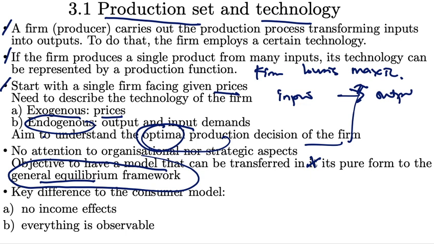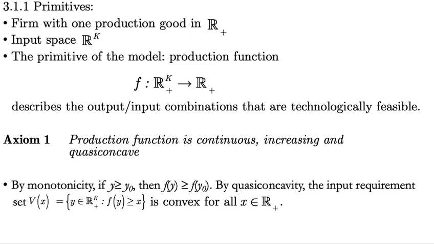Okay, now let's move to the next slide. So let's look at the basic theory or primitives. Just imagine we have one firm with one produced good in positive real numbers. So that means, you imagine you are a firm, you want to use input.